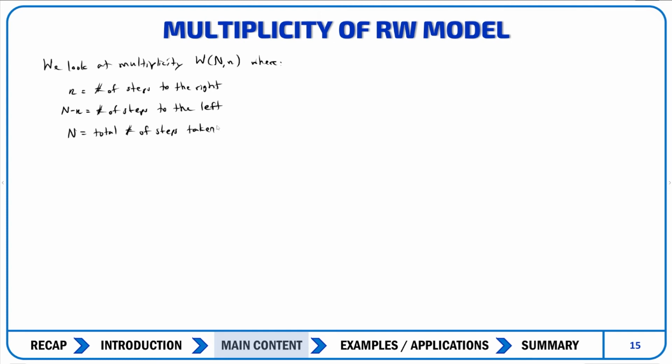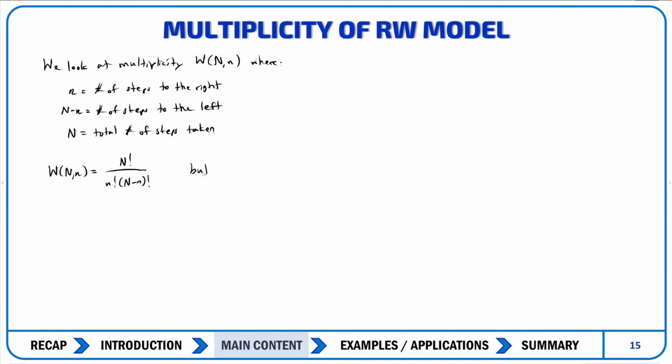So what would the multiplicity be? We have W(n) being equal to N factorial over n factorial, and then N minus n factorial.